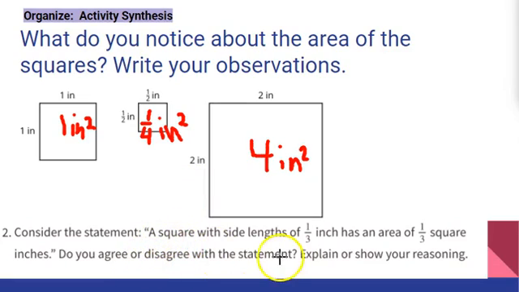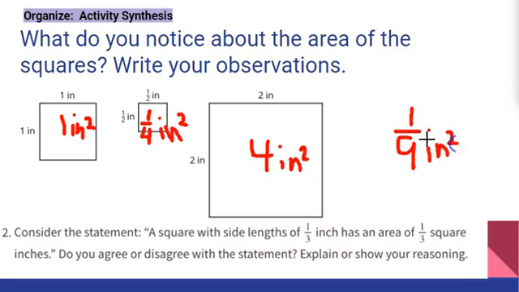What about this? Think about this statement here. A square with side lengths of 1/3 of an inch has an area of 1/3 square inches. Do you agree or disagree? Well, I hope you disagreed because 1/3 times 1/3 would give us 1/9 square inches.